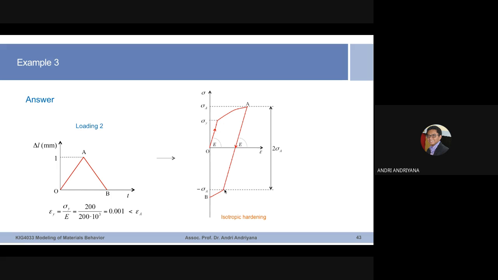You gain a certain amount in tensile, you gain also the same amount in compressions. This is why it is called isotropic.